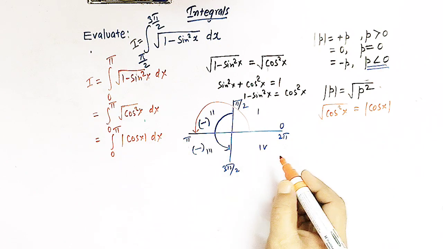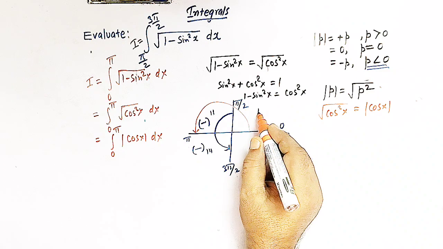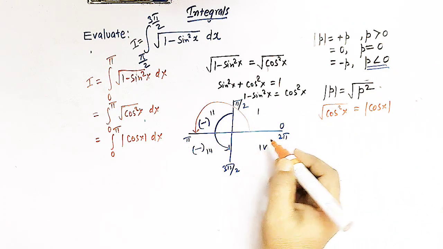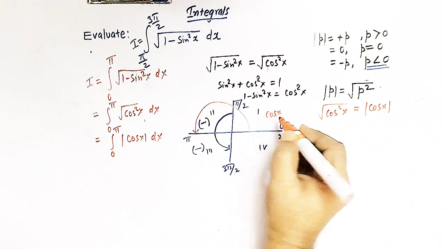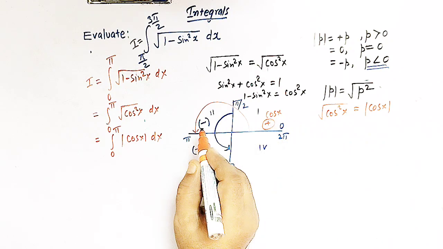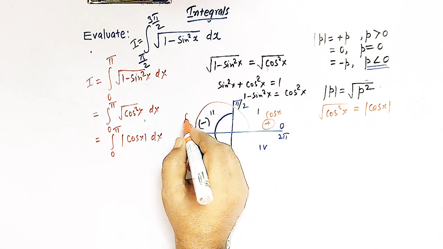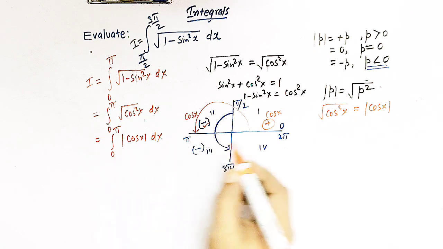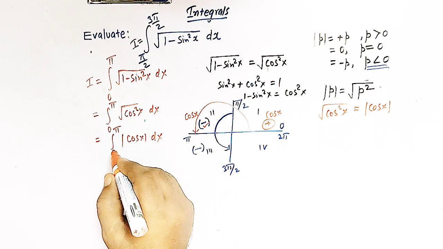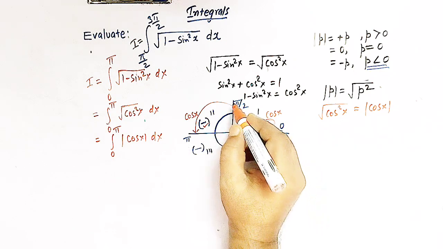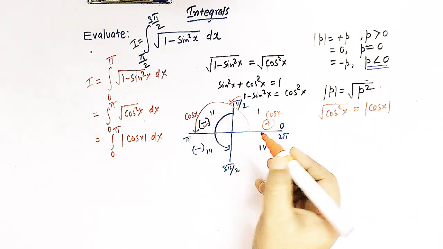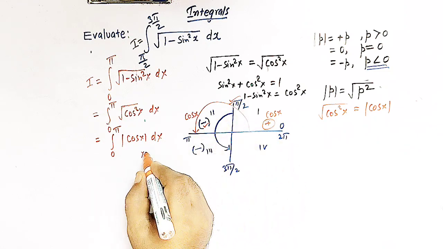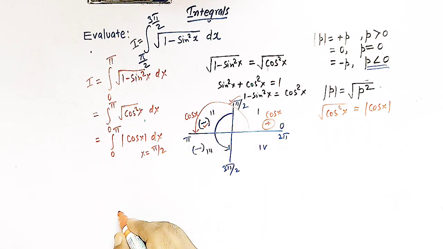We have just discussed that in the first quadrant, all the trigonometric functions are positive, right? So here the cosine function is positive, and in the second quadrant, the cosine function is negative. So what we have to do in this case is split the limit at this point, or break the integral at this point, that is x is equal to pi by 2, right?